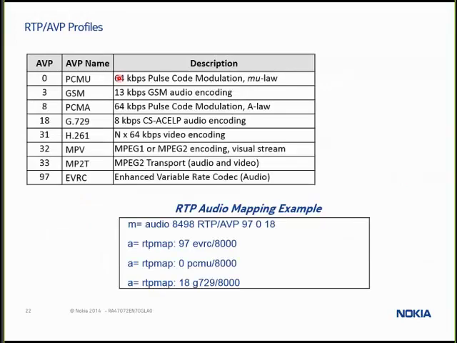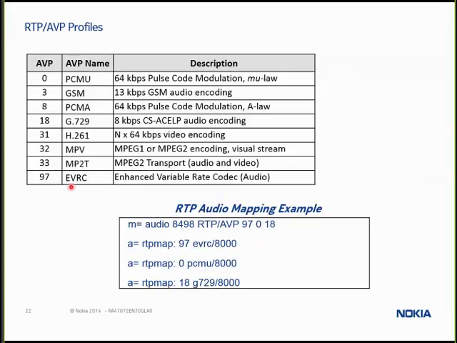So let's look at audiovisual profiles in this example. So the media is audio. I'm using port 8498 UDP. We're using real-time protocol with audiovisual profiles, and the audiovisual profiles are 97, 0, and 18. Now, 97 is first on the list. We will prefer 97.